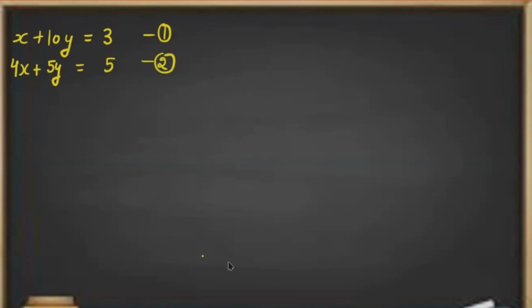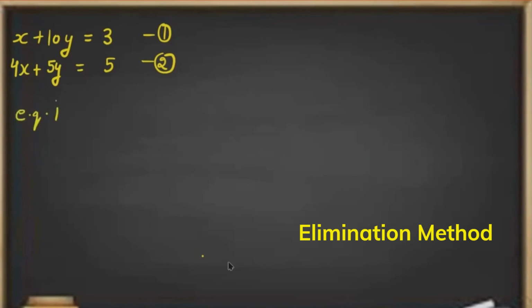Here we don't have any variable with the same coefficient. To do so, we have to multiply any of the equations with a number. In this case, we can multiply equation 1 with 4.